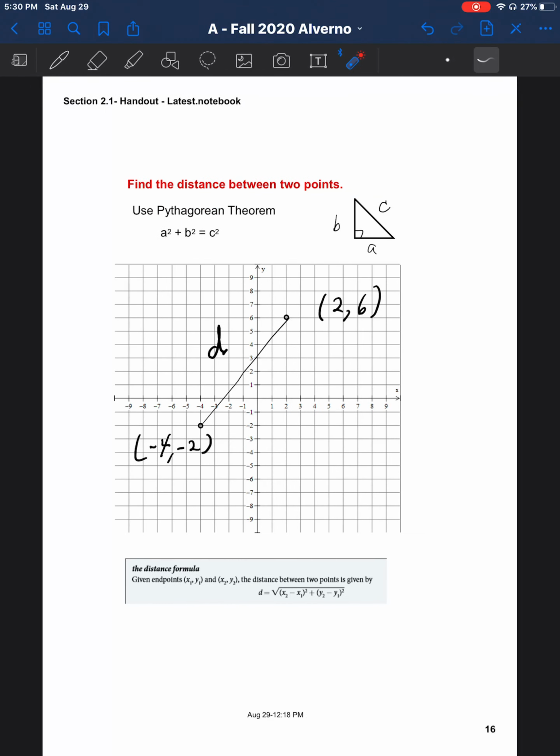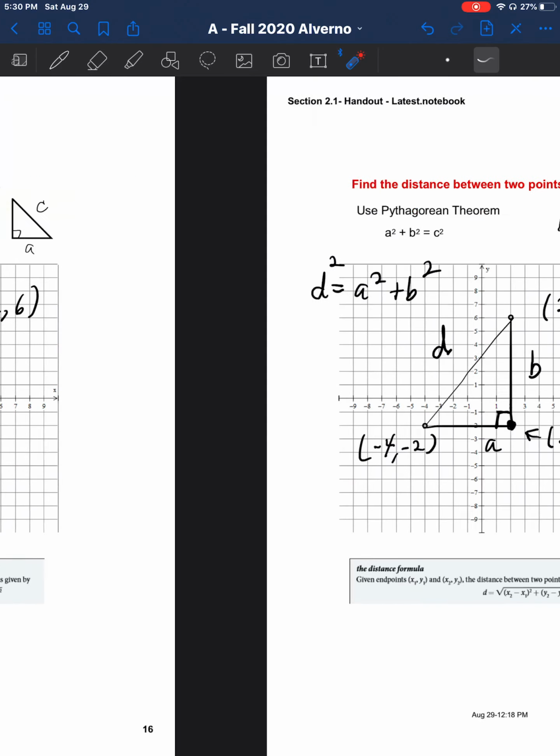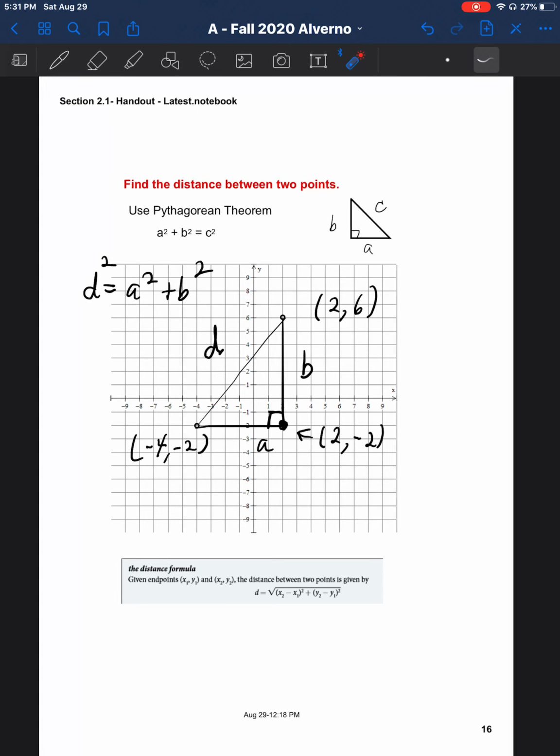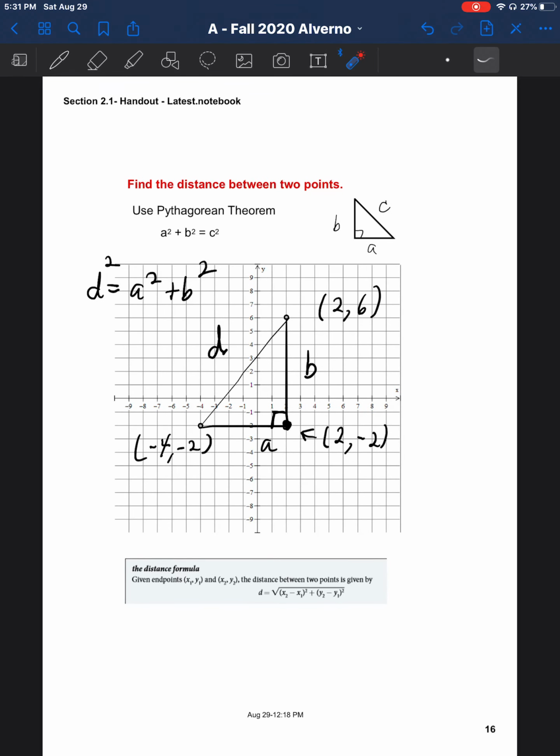So in this particular case, these are our points we're talking about, and this is the distance we want to find. So let's look at that, and we'll say, okay, we want to find the a value for the right angle and the b value. So how do we do that? Well, the way in which we do that is we figure out what this distance is from here to here. That would be the value of a.